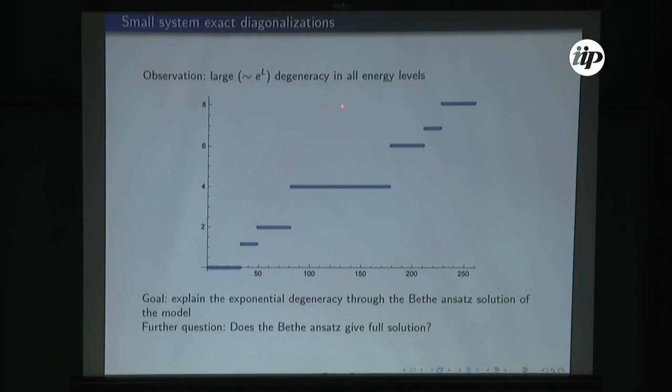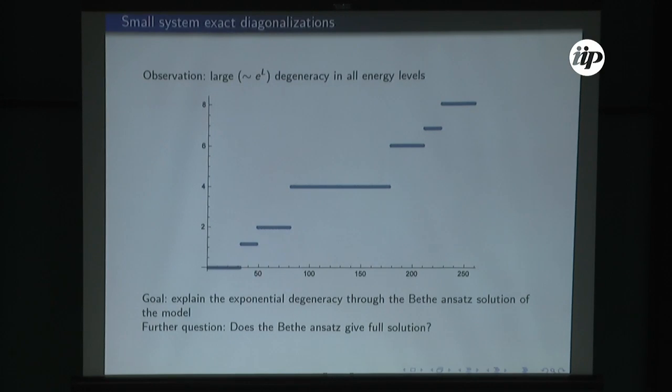You can see that they are symmetric, and also that the length of these energy levels is proportional to the degeneracy of that energy level. On this picture there is some fairly big degeneracy, but also if you plot the degeneracy as a function of the system size, you can see that it's proportional to 2 to the L.